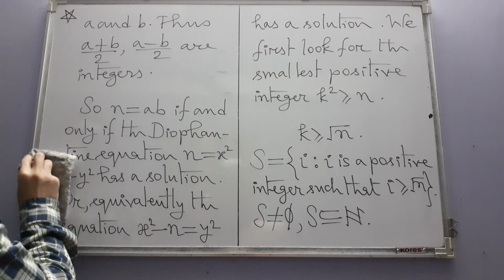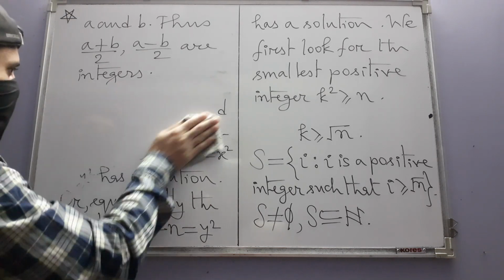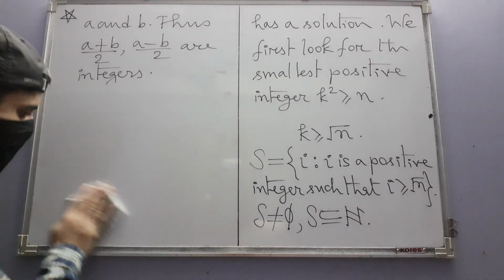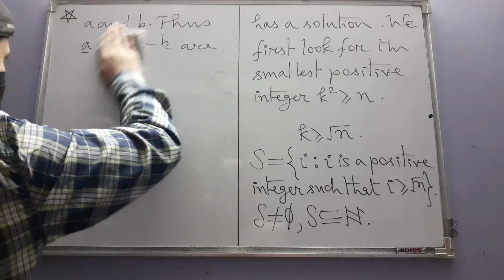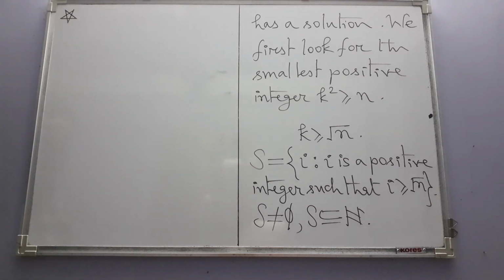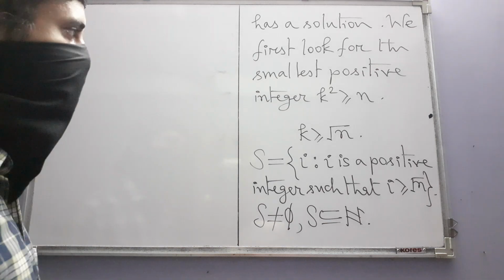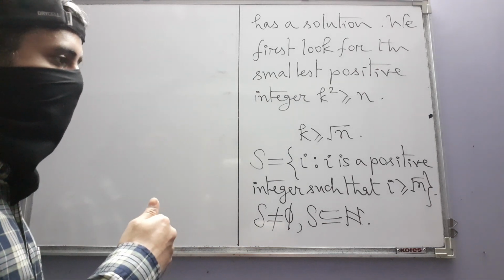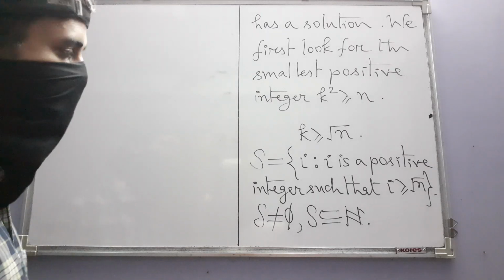All right. But then what do we do? Then we take higher and higher values of x. I mean, we start with k, but then take k plus 1, k plus 2, and we look for a square when we consider the numbers x square minus n.